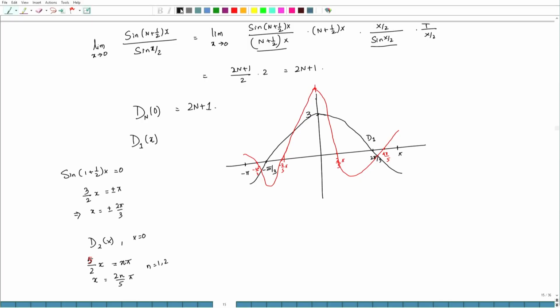So for arbitrary n, on this side it is going to look like 2n plus 1, and it is going to oscillate like this.